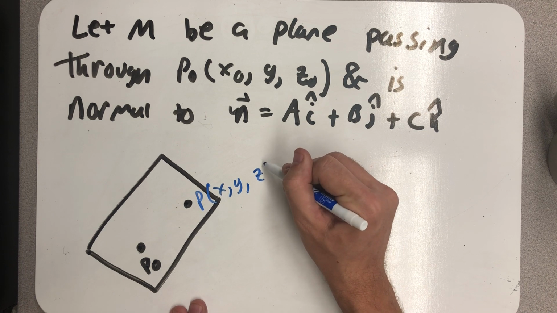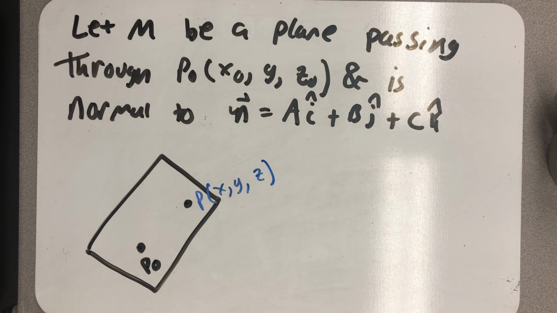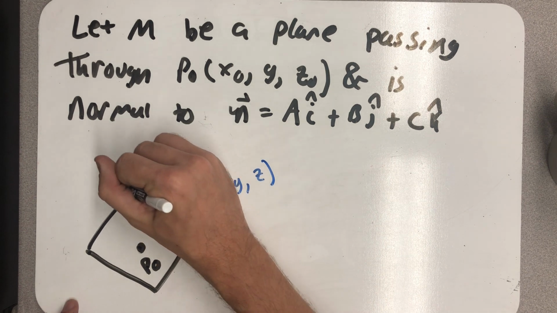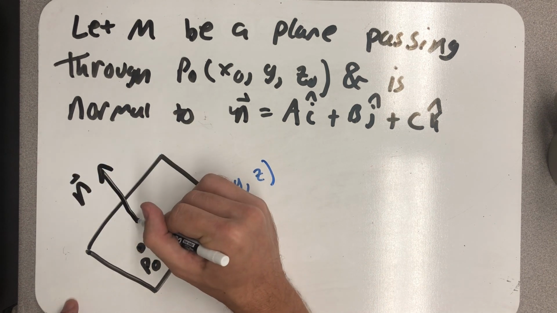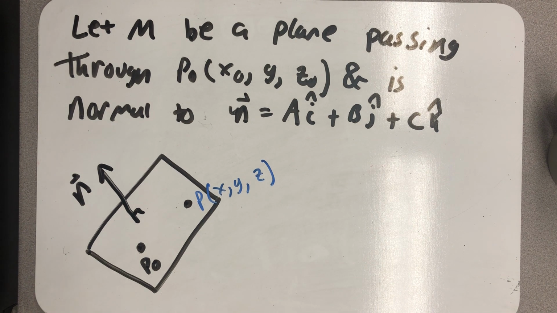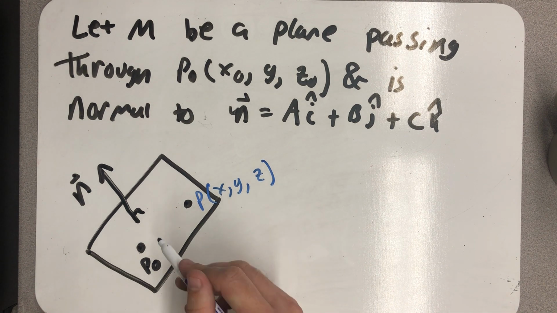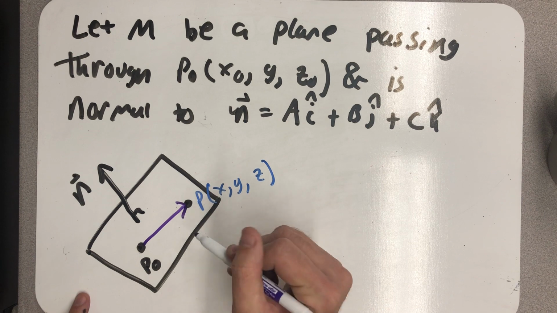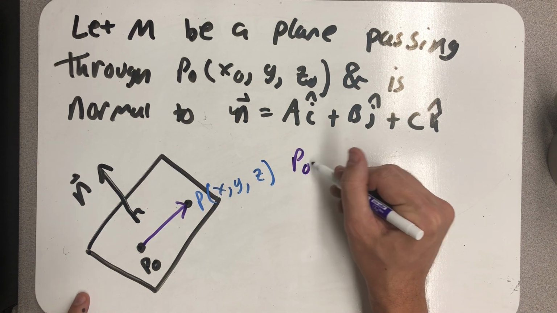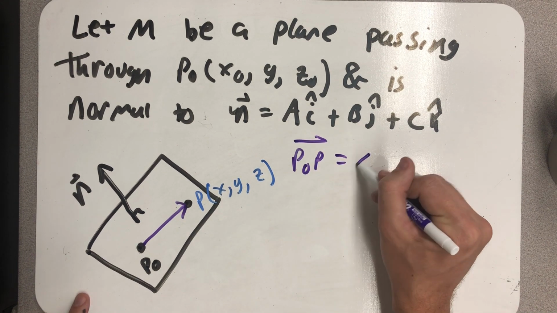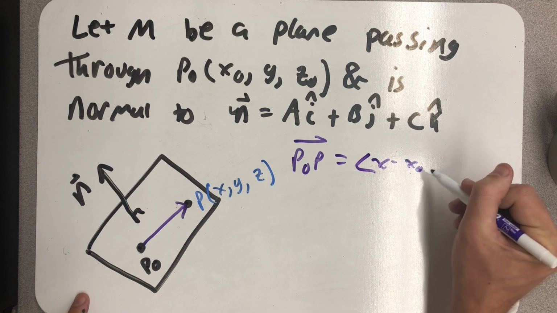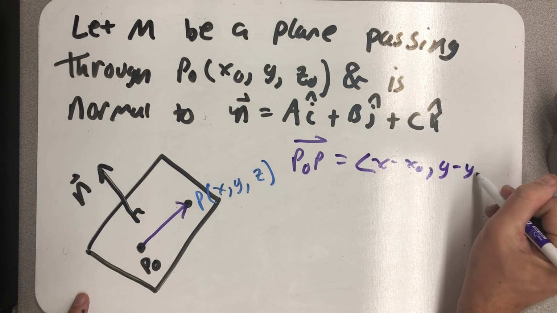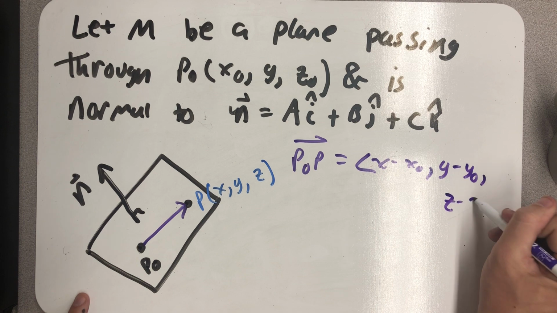And the only other thing I have is a vector that is normal to that plane, some vector little n that's orthogonal to that plane. Well, I'm going to construct a vector between P naught and P. The vector P naught P would then be (x minus x naught, y minus y naught, z minus z naught).